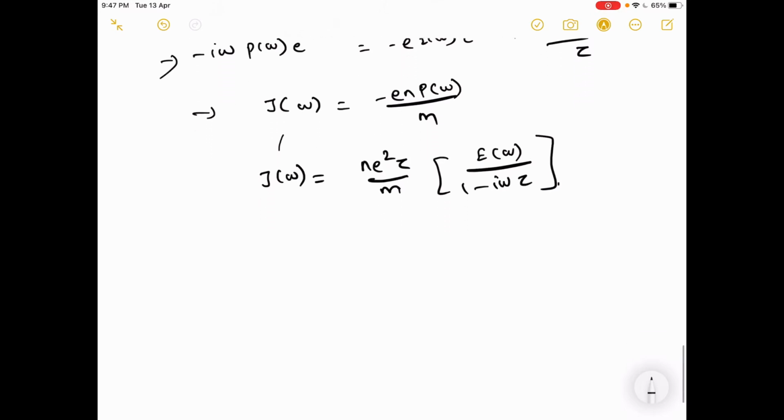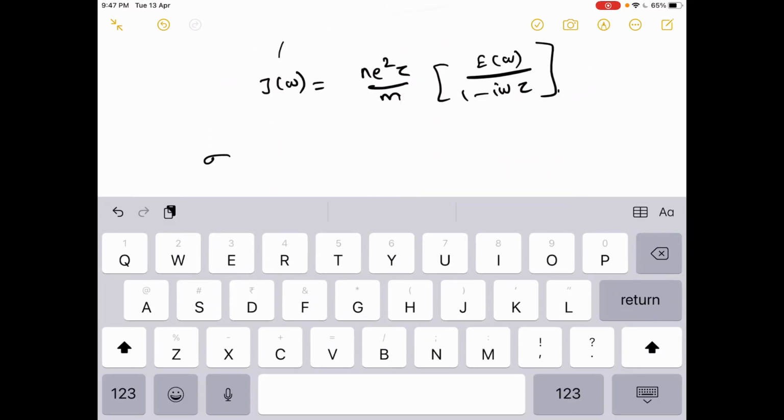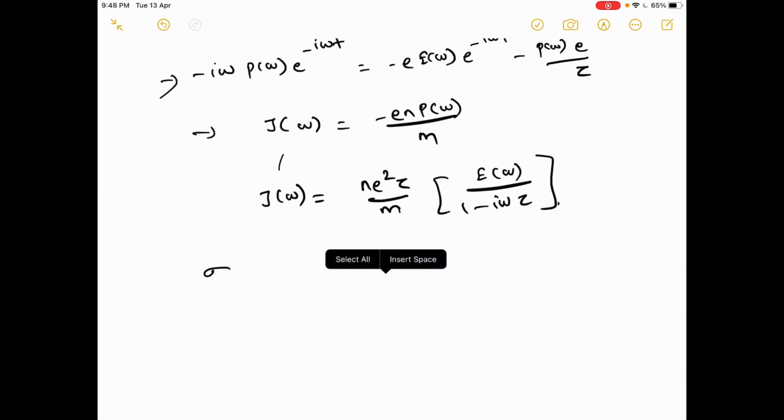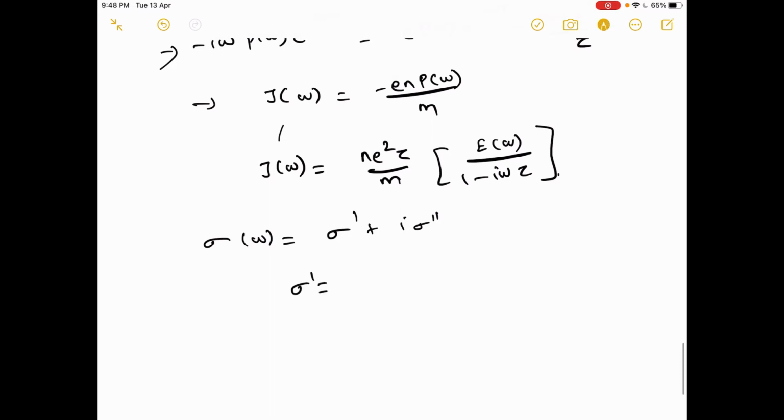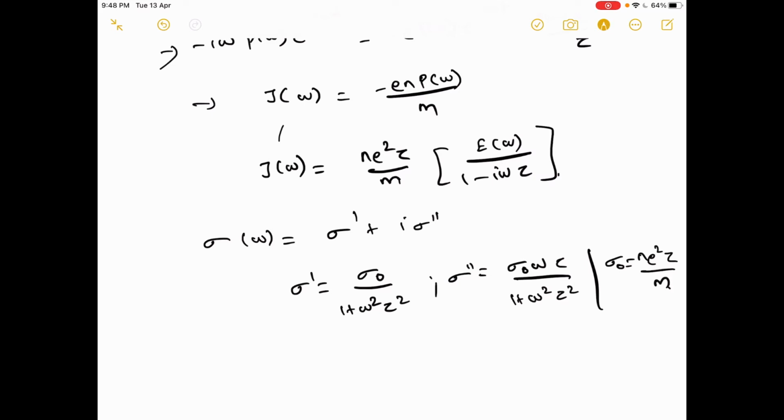And the complex conductivity under an alternating electric field is now given by sigma prime plus i sigma double prime, where sigma prime is sigma naught by 1 plus omega square tau square, and sigma double prime is sigma naught omega tau by 1 plus omega square tau square, where sigma naught is the DC conductivity that we all know, Ne square tau by m, right?